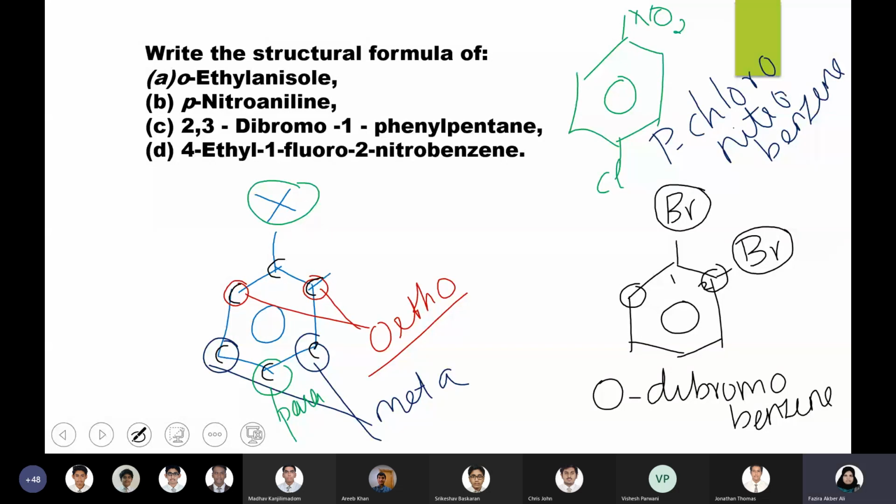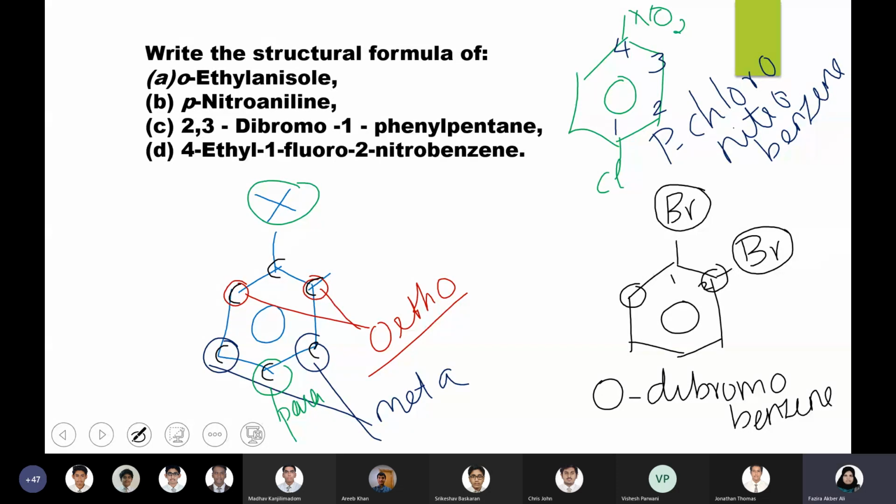Or if it was the IUPAC name system, then how can you name this compound? 1-chloro-4-nitrobenzene, because priority is for halogen compared to that of NO2. So you will write it as 1, 2, 3, 4. So as Rikeshav said, it will be 1-chloro-4-nitrobenzene.